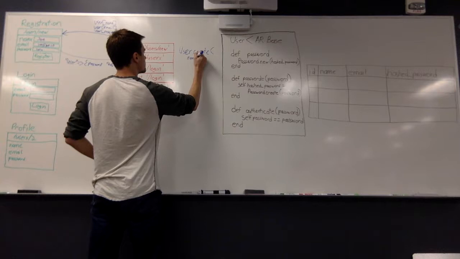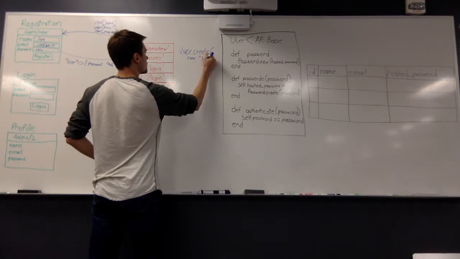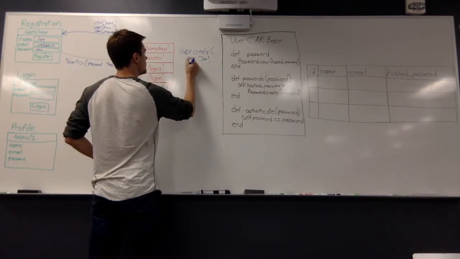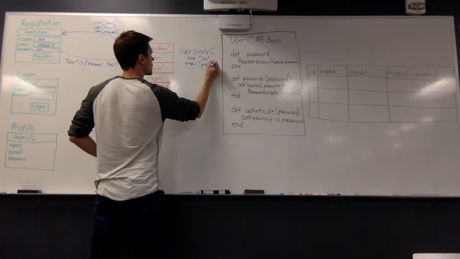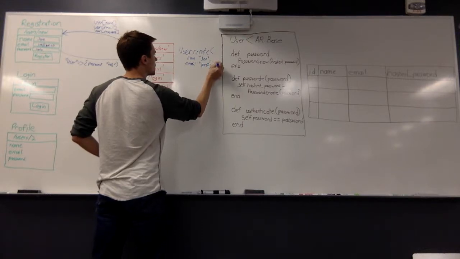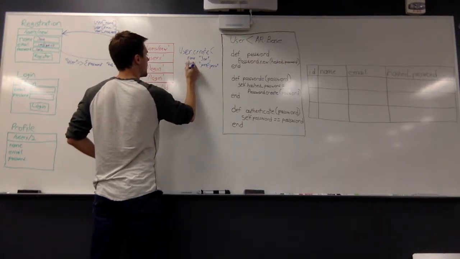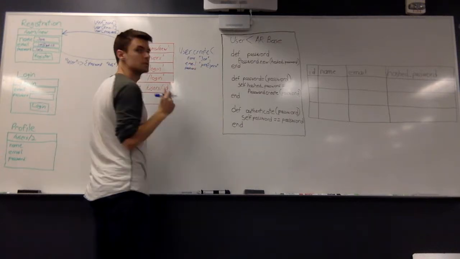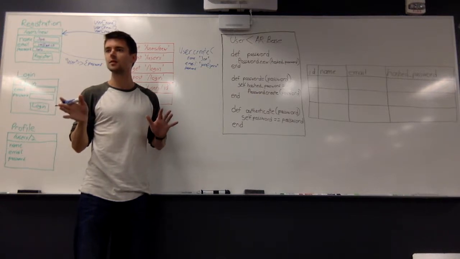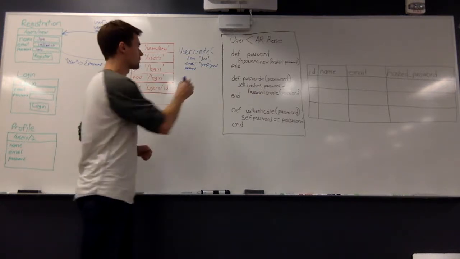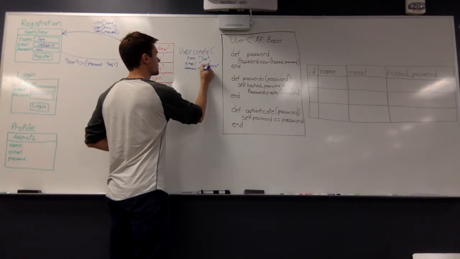So its name is Joe, email joe@joe.co, and password. What does the password look like right now? It's still plain text hello. Does anybody disagree with that? Okay. Still plain text hello.